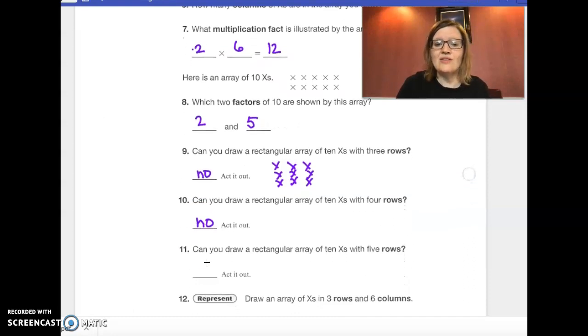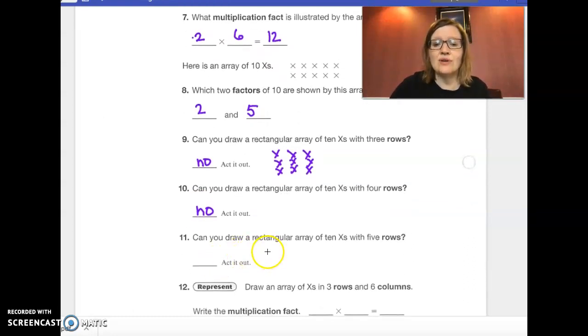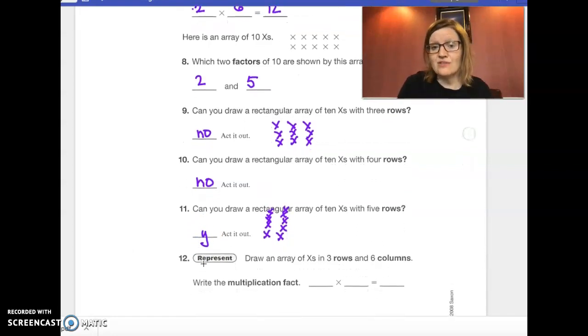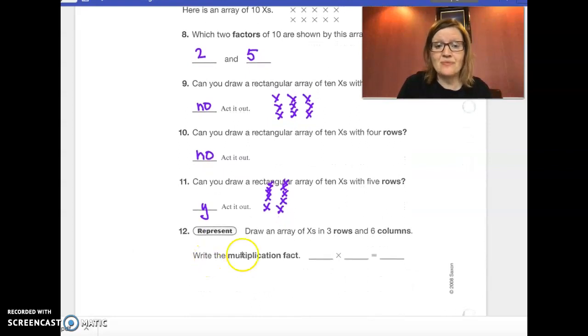Now, let's try this again. Can you draw a rectangular array of 10 x's with 5 rows? 1, 2, 3, 4, 5. 1, 2, 3, 4, 5. Sorry, guys, I'm a little messy. Yes, we can, because we know that 5 is a factor of 10, so it is possible to do that.